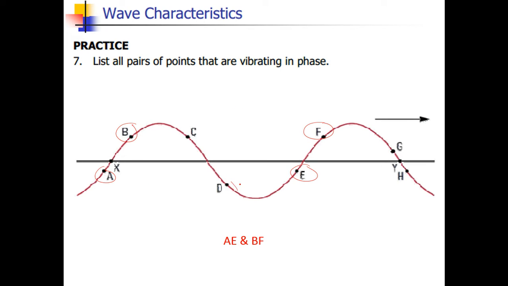So D and H are not in phase. Close, but not. What about X and Y? X and Y are just reference points, I believe. But even still, Y would have to be here.